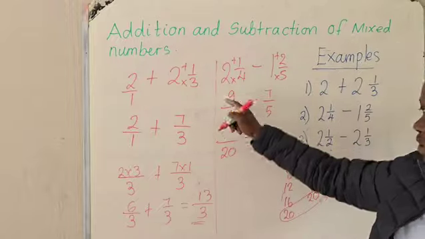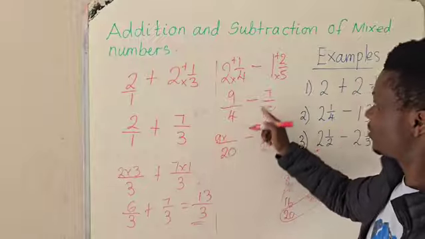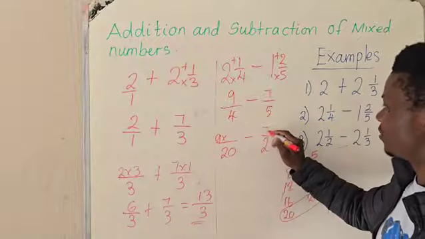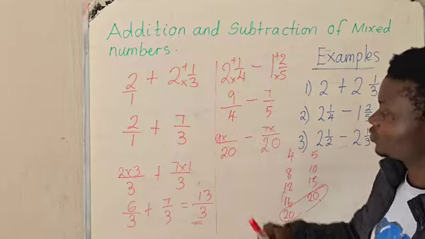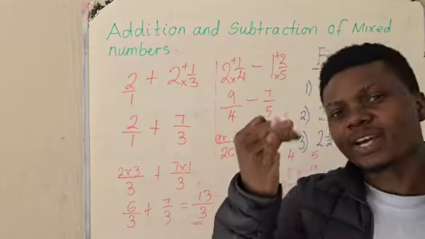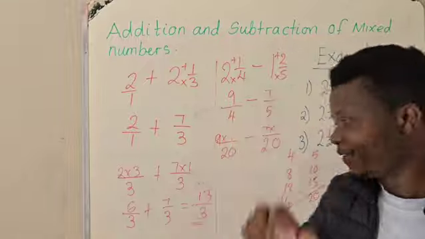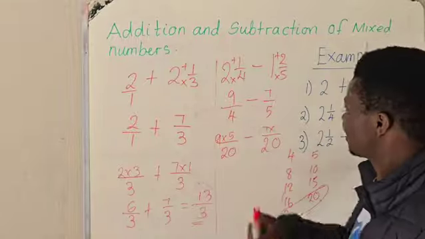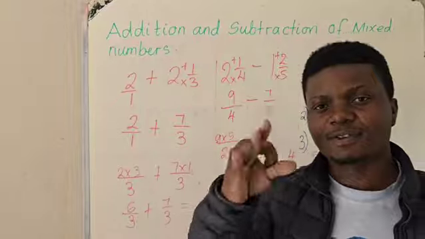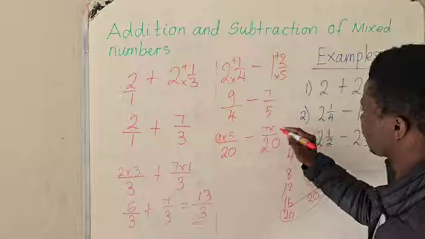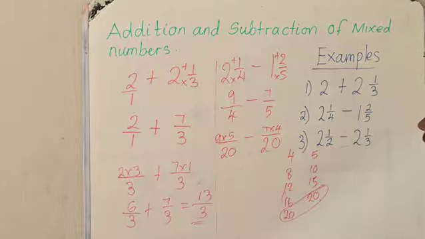Then we bring your numerator 9 with the times, bring your numerator 7 with the times. Then ask yourself, how many times does 4 get into 20? Let's count 4, 8, 12, 16, 20. 5 times. How many times does 5 get into 20? 5, 10, 15, 20. That's 4 times. Then from there we simplify.